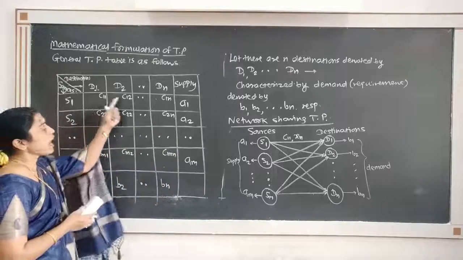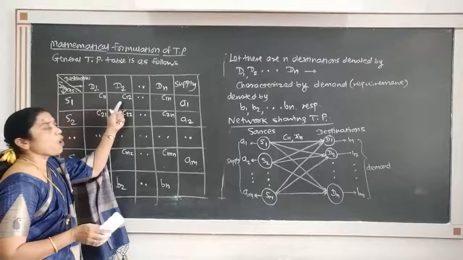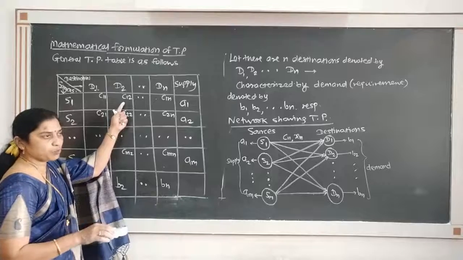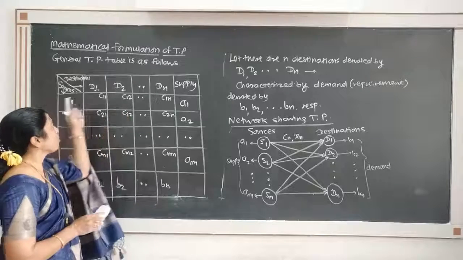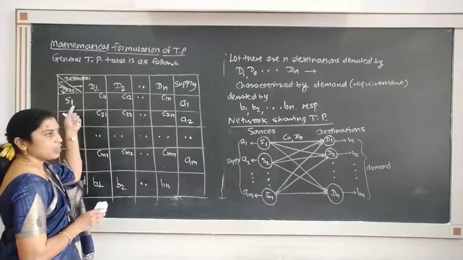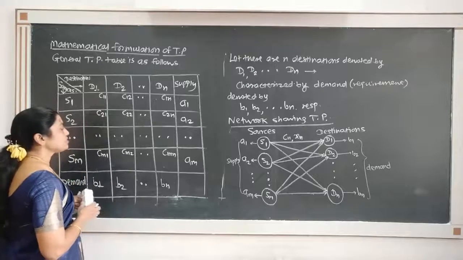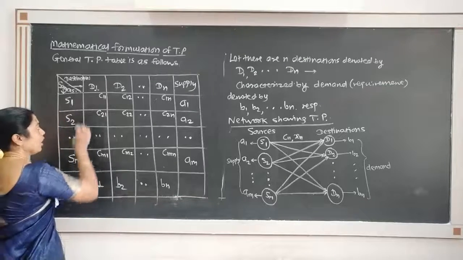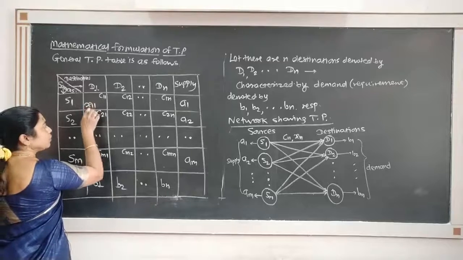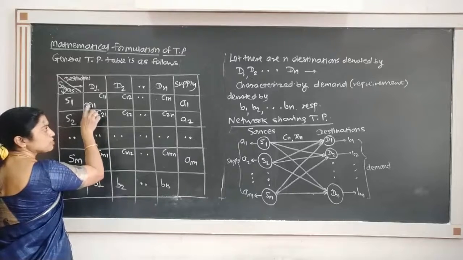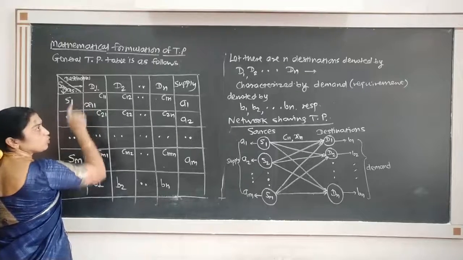So Cij denotes the cost of shipping or transporting 1 unit of product from source Si to destination Dj. This X11 gives the number of units of product to be shipped from source S1 to D1.